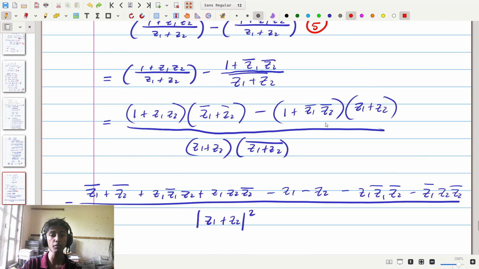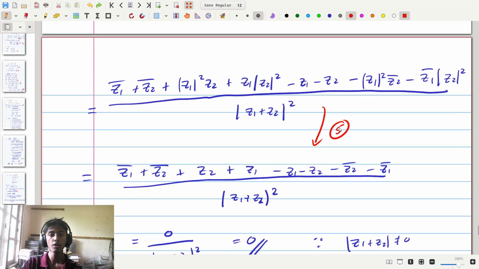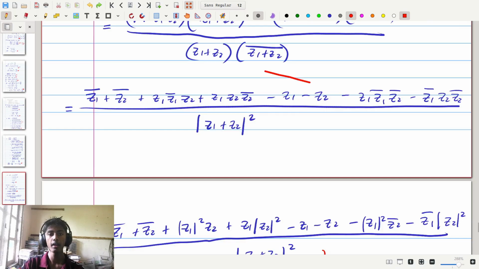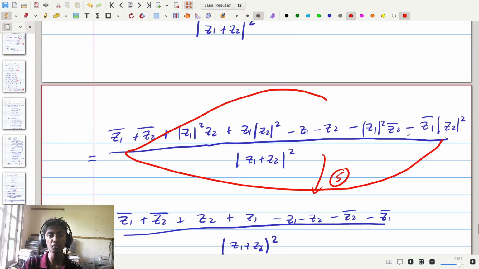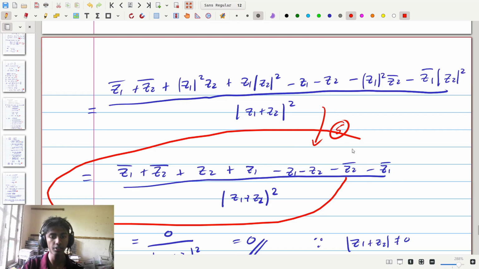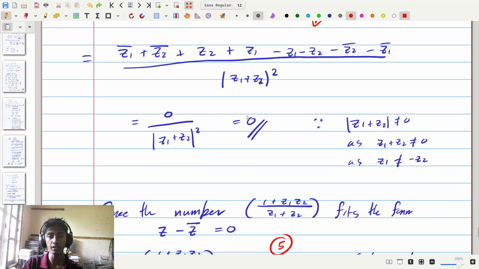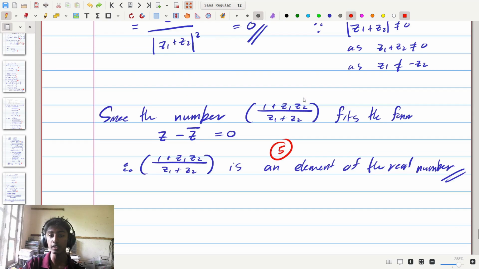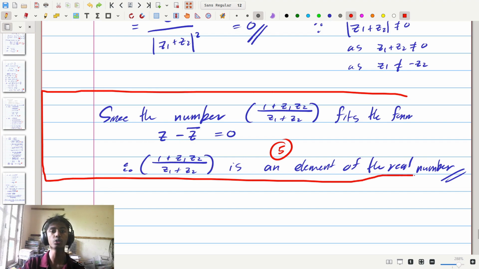Now after that, when you simplify down and get to this point, from this point, when you apply the fact that modulus z1 and modulus z2 are both equal to 1 and substitute them all with 1 to get to this point, you get 5 marks. After that, when you then cancel everything and get 0, and then conclude that therefore, since the number was in the form z minus z conjugate equals 0, this number must be a real number, for the conclusion you get another 5 marks.